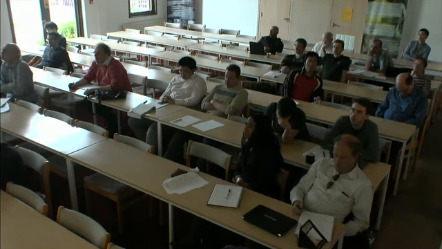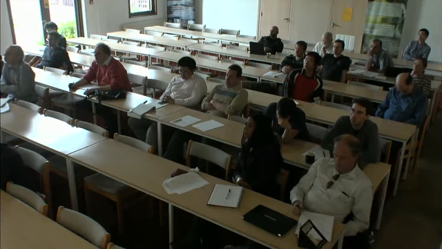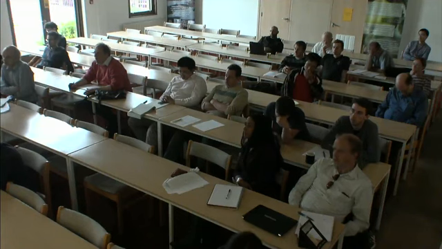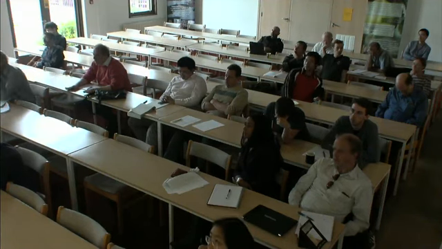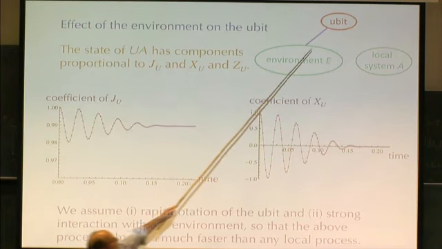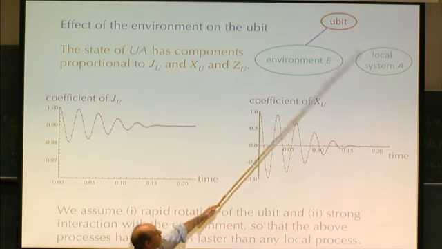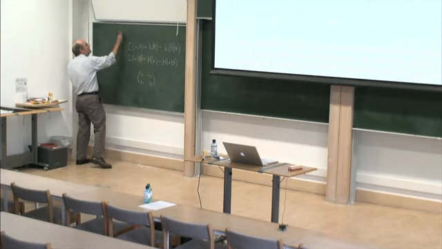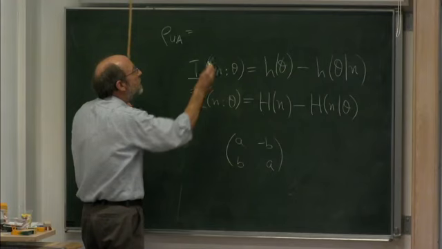Okay, so the first thing we did was to separate out the local system, just to say, what's the effect of the u-bit interacting with the environment? What does that do? Now, we're interested in this subsystem over here, and if you write the density matrix of the UA system, it will be made out of a few things.